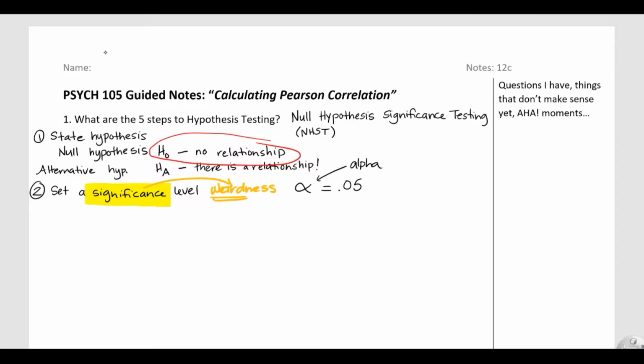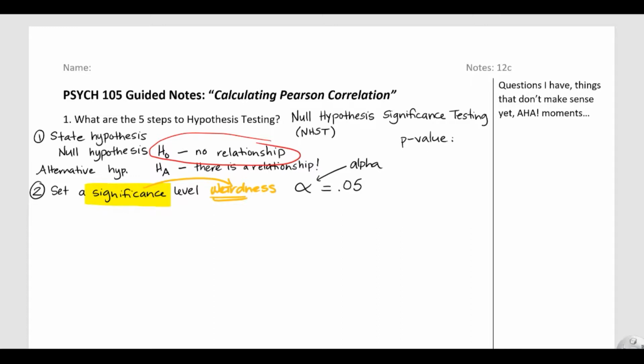We take a sample, we look at their data, see if there's a relationship in our sample, and then we determine, okay, is that relationship strong enough that we believe that this null hypothesis is actually not true, that there is a relationship in the whole population? And so this alpha level corresponds with something that we're going to call a p-value.